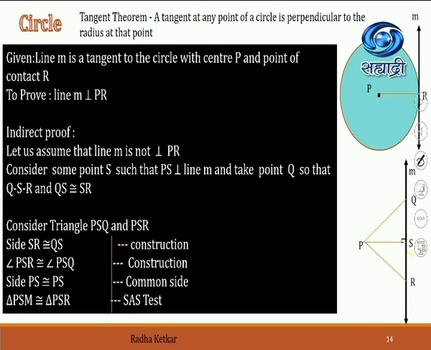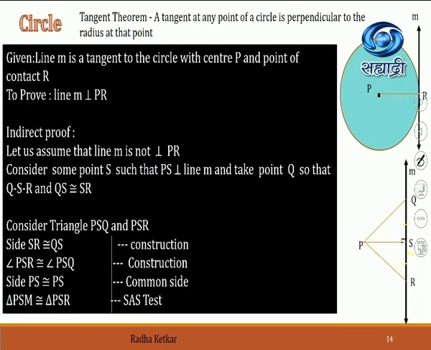So consider some point S such that PS is perpendicular to line M, and we take point Q such that Q, S, R are collinear points, and QS and SR are congruent to one another. According to our assumption, S is some point giving us this perpendicular segment PS perpendicular to line M. According to our construction, QS and SR are congruent.